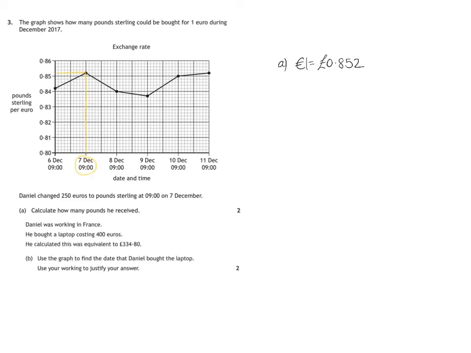So we changed €250 to pounds sterling at that time. So that tells us that €250 is, we're going to just take those and multiply them together. So 0.852 times 250, and we get £213.